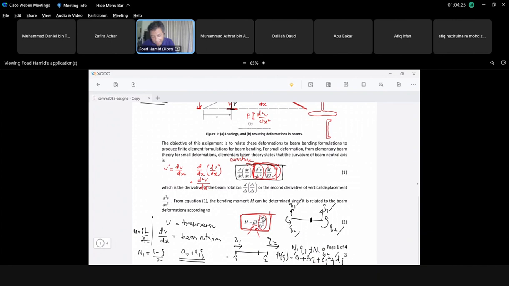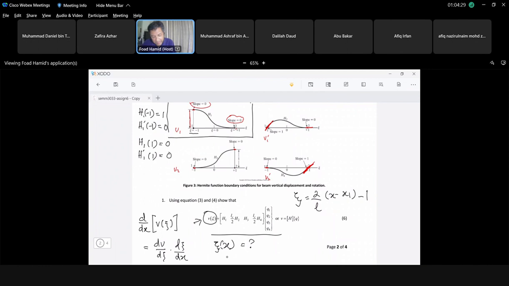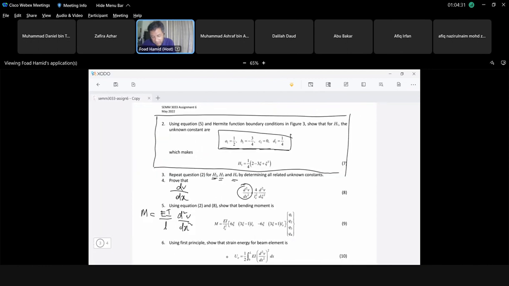There's an L here, so it will cancel out. Because this is the relationship between moment and transverse displacement v.